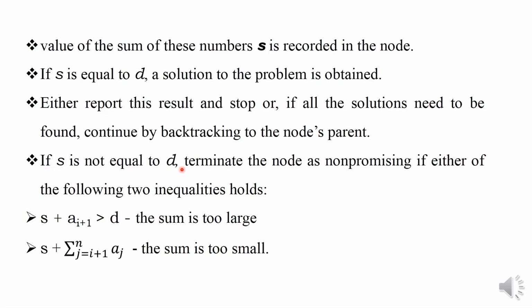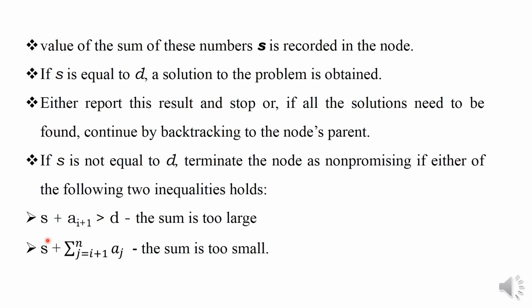If S is not equal to D, then you need to terminate the node as non-promising if one of the two inequalities holds. That is, if for the currently generated sum S, I include the immediate next element from the set and my sum is greater than D, the sum is too large, then you consider it as a non-promising node.